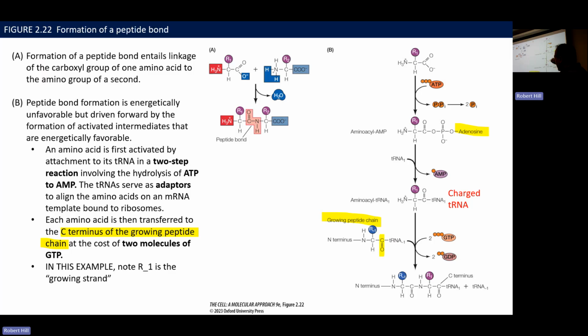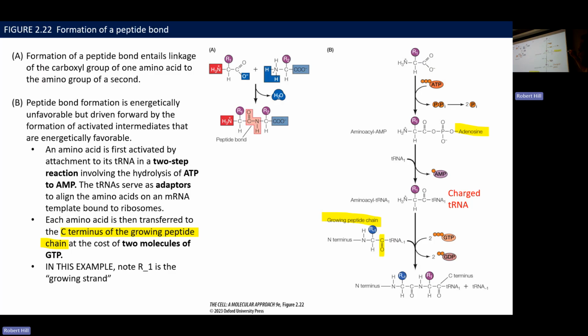The second thing that happens is a tRNA molecule gets charged, right, and comes in, and now we have a charged tRNA instead of the uncharged one there. Right? And the charged tRNA now can easily give its amino acid to the growing peptide strand.